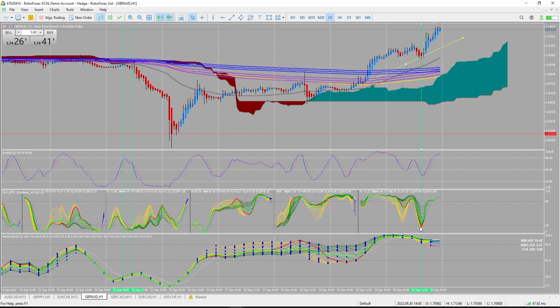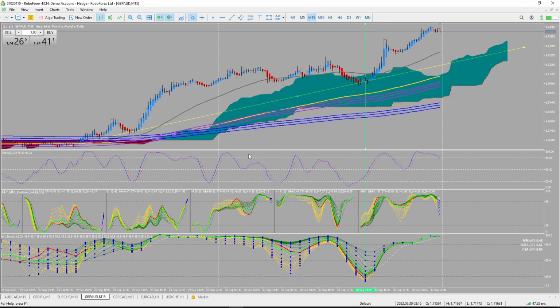H1 made a very nice pullback. Most of the lines went oversold while also being very spreaded. So this is a great indication that this trend might be continuing up. I'll go back to M15 now. This pullback on H1, this whole pullback, didn't bring price down as much as the up move.